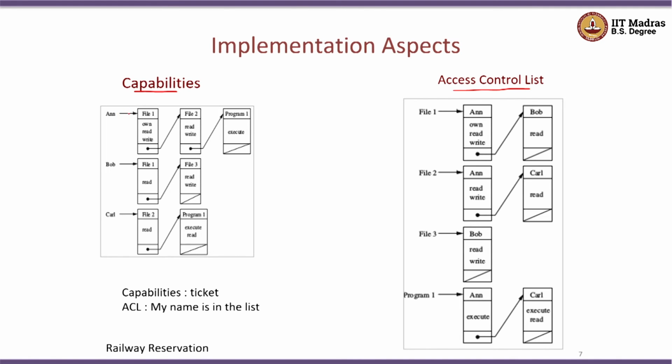So for example, Anne has a linked list which contains every possible object it can access, and thus when Anne opens a file, say file X, this linked list is traversed, file X is identified, and whether Anne can perform that specific operation on that file X is verified.